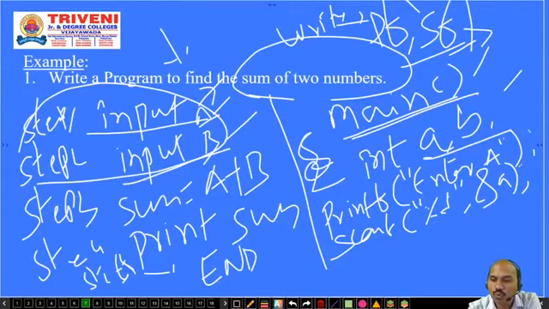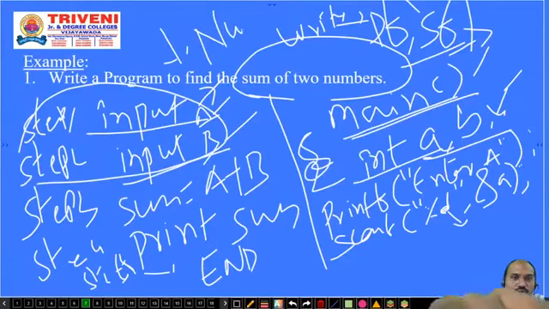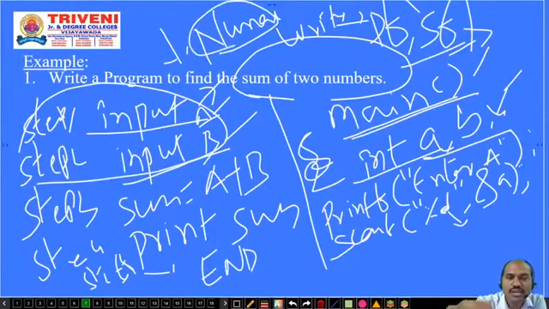Why do we use %d? It is the integer format. Integer statements are used for numerical values. Whatever numerical values we use in programming, we represent that formatting with %d. In the same way we do it for b also.